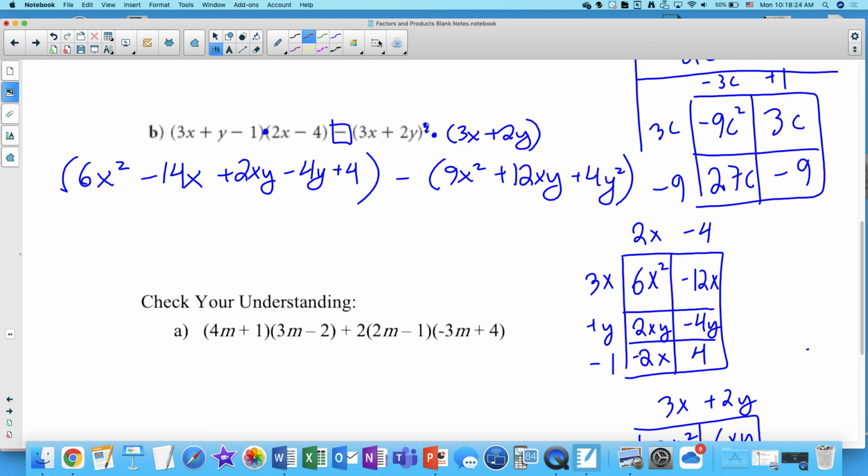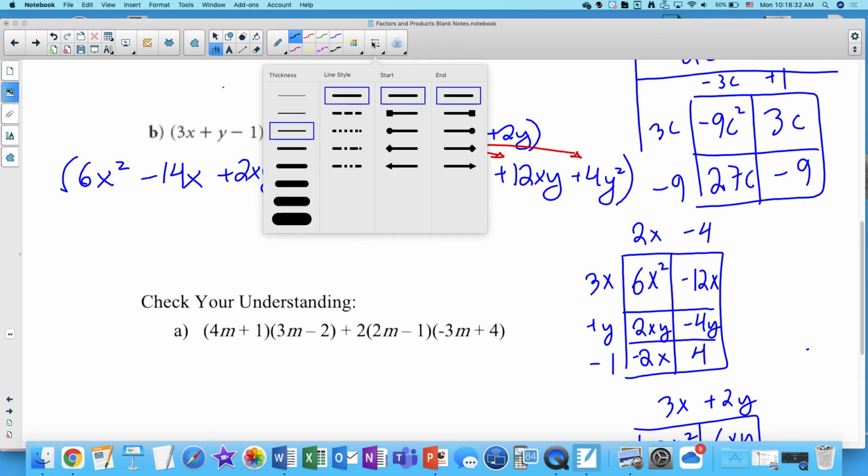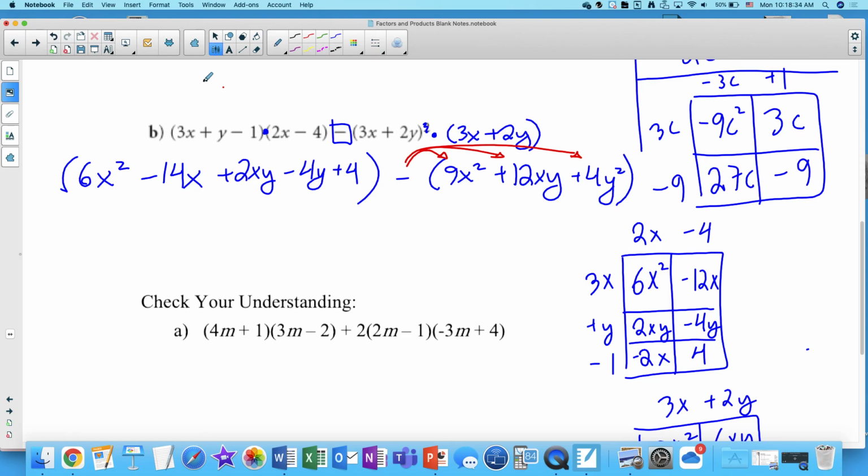Nothing happens here because there's just a positive sign outside. So this is going to become 6x squared minus 14x plus 2xy minus 4y plus 4. But then I'm going to have minus 9x squared minus 12xy and minus 4y squared.